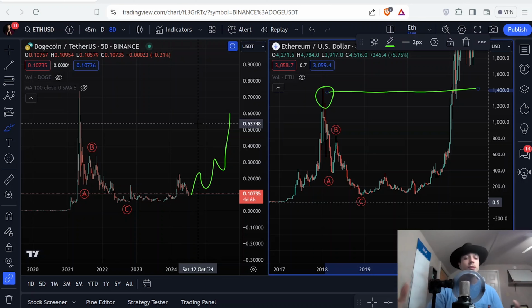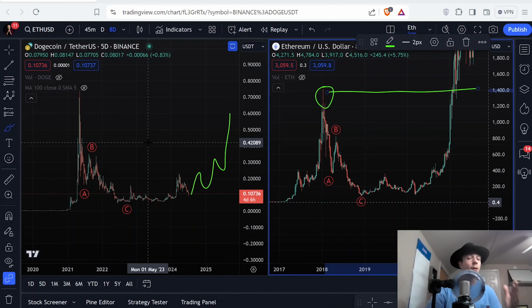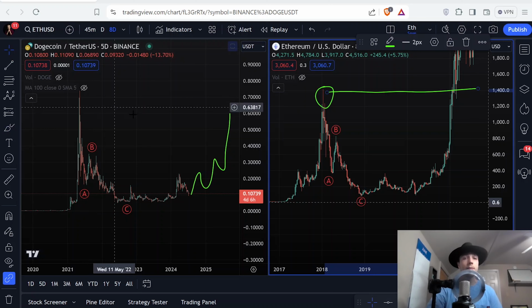It reminds me so much of other cycles that I've seen in crypto, that I've seen in different coins. It's the same psychology, the same human emotion playing out over and over again in these charts. So I really like this setup on Dogecoin.